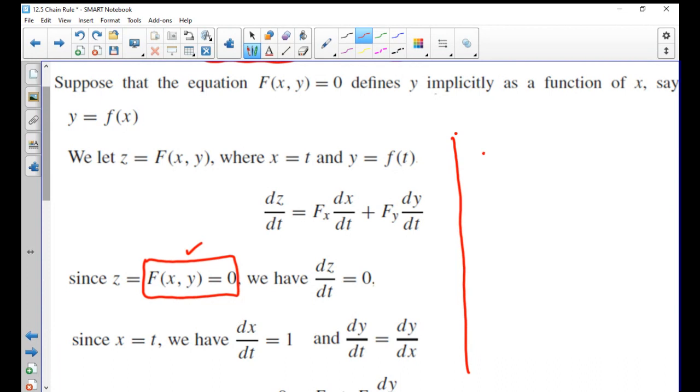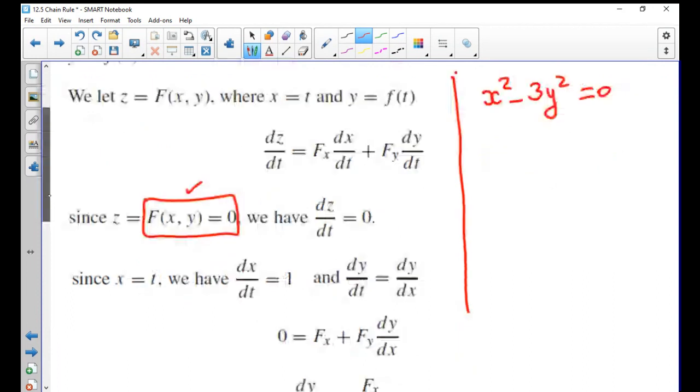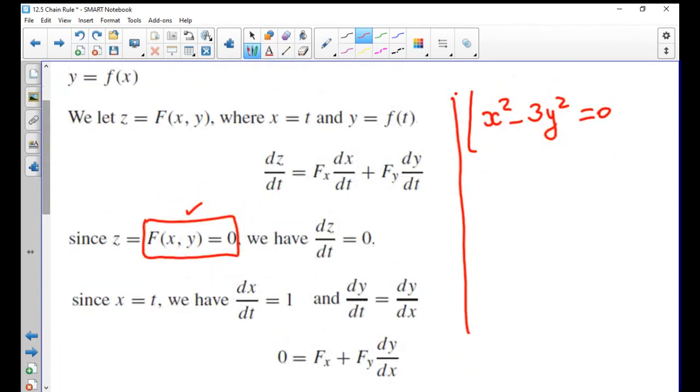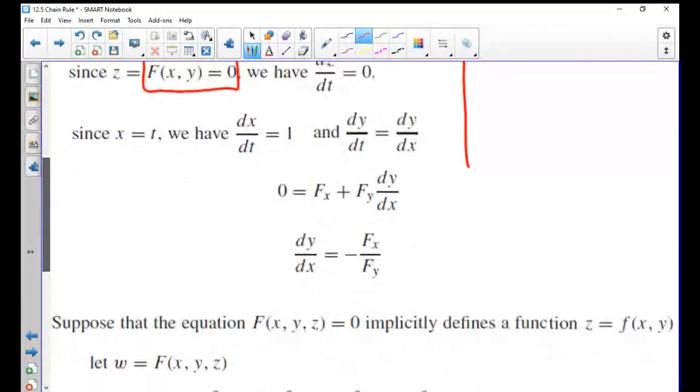For example, you have x squared minus 3y squared equal to 0. This means that y is a function of x, but it's not given explicitly. So we want to use this equation to find what is dy over dx.